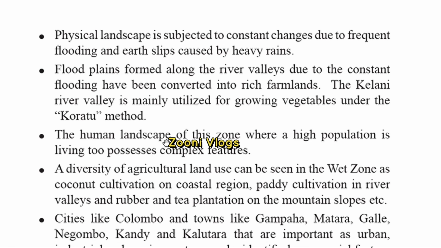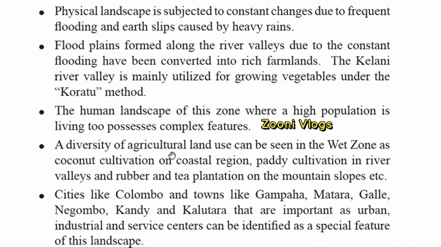The human landscape of this zone, where a high population lives, possesses complex features. A diversity of agricultural land use can be seen in the wet zone: coconut cultivation in the coastal region, paddy cultivation in river valleys, and rubber and tea plantations on the mountain slopes.